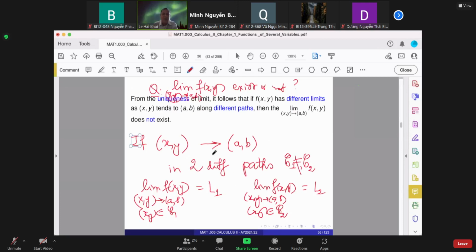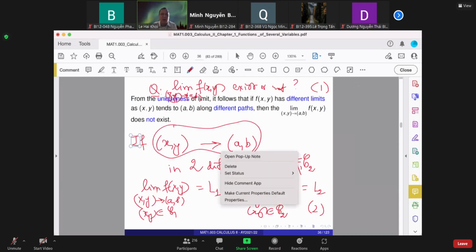If the limit exists, then you can see that L1 and L2 must be equal, because if it exists, then the value of the limit is unique. And exists here means that (x, y) tends to (a, b) in any possible way, right?